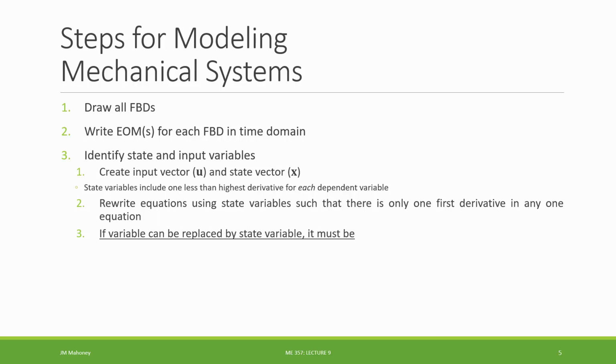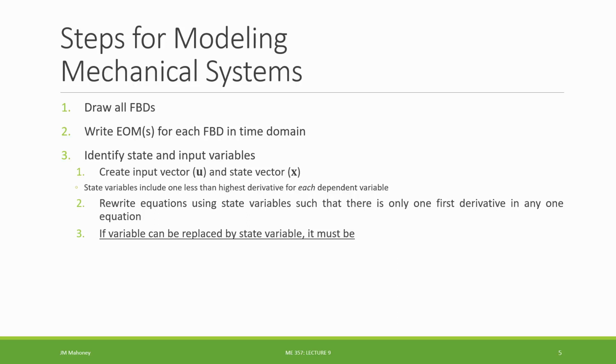Once we've established our input vector and our state vector, which means we've identified our input variables and our state variables, we want to take the equations of motion that we wrote previously and rewrite them in terms of state variables and input variables.